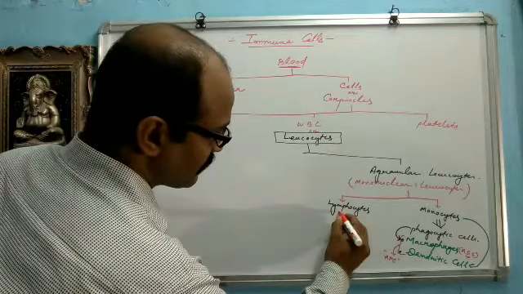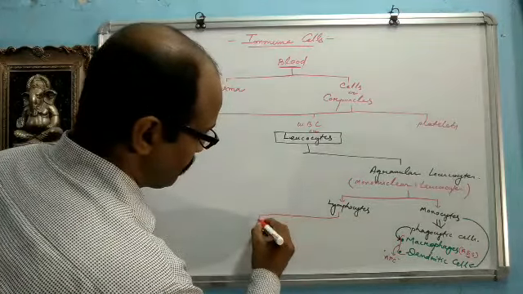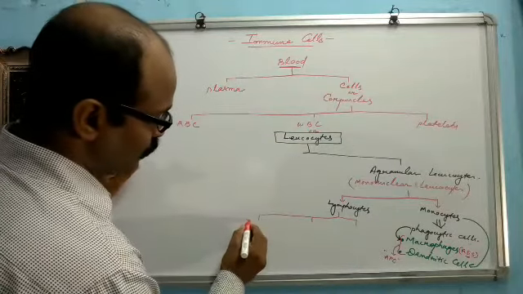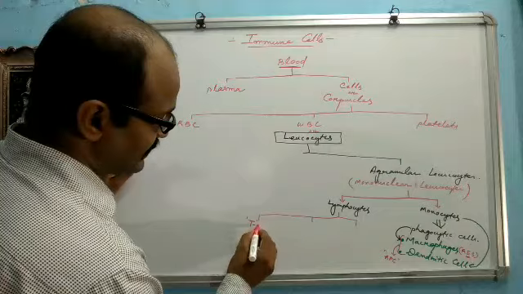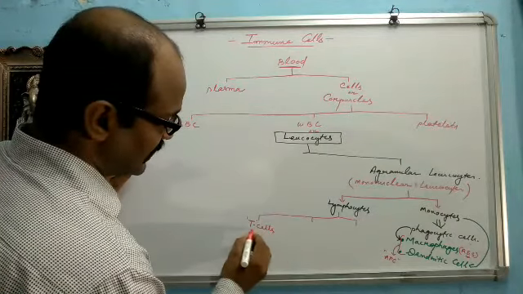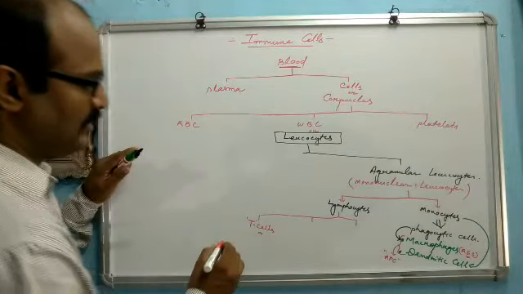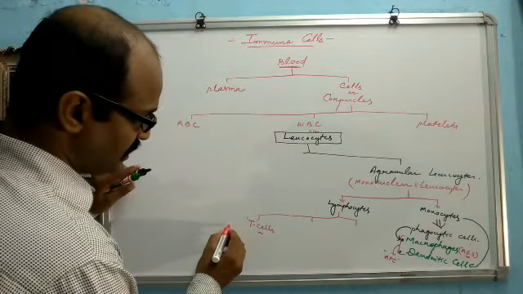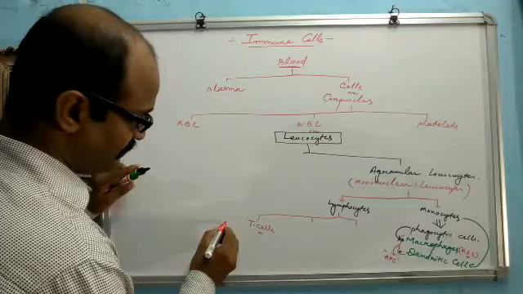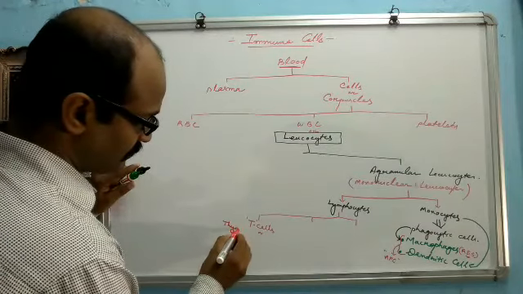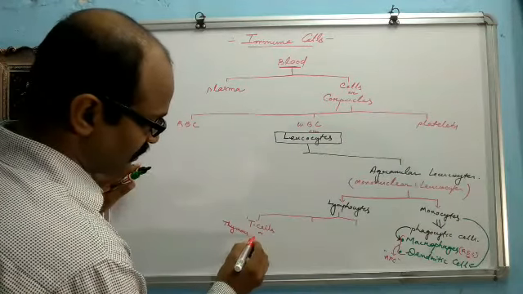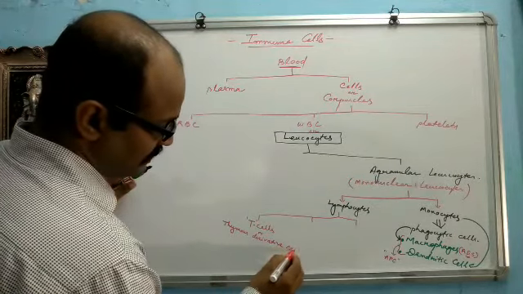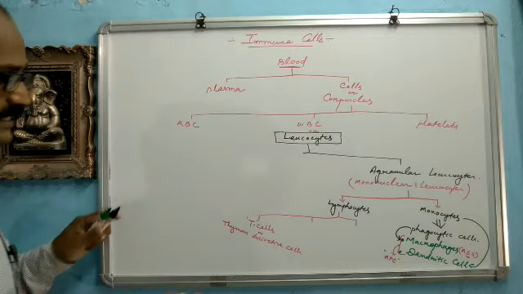Lymphocytes may differentiate into T cells. These cells mature inside the thymus gland; that's why they are known as thymus derivative cells or T cells.